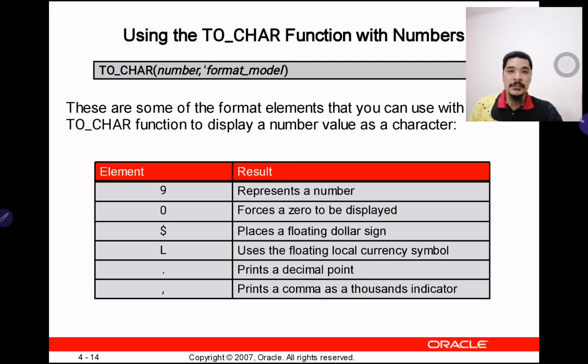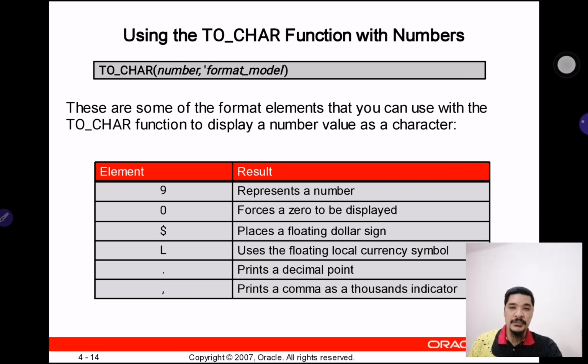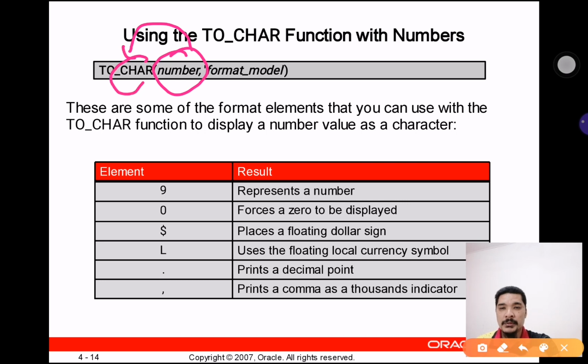Using the to-char function with numbers. It's going to be very simple here. To-char. These are some of the format elements that you can use with the to-char function to display number values as a character. So we can replace the number with a character. In this example, we have a number here and want to convert it to a character using this format model.